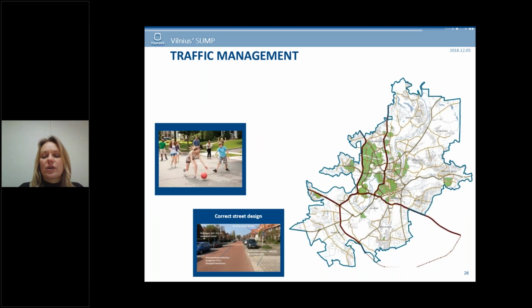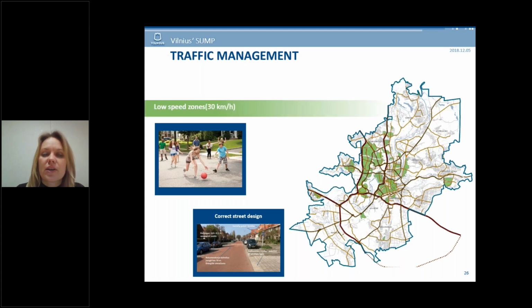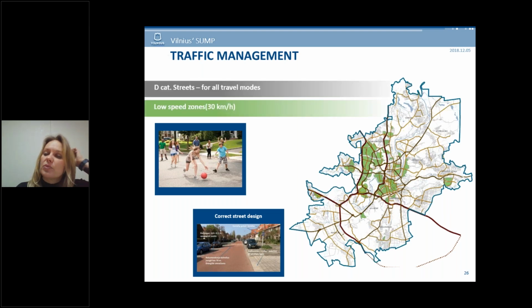We also analyzed and suggested zones which should be low speed zones, home zones, so streets could be used as public spaces, but not as a place for parking and commuting and even for speed transit.